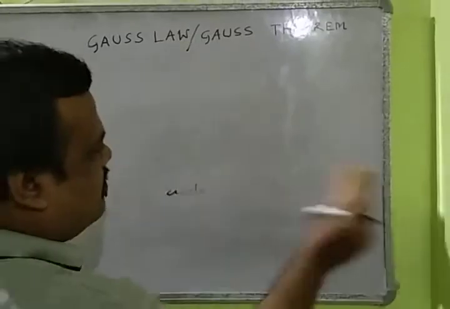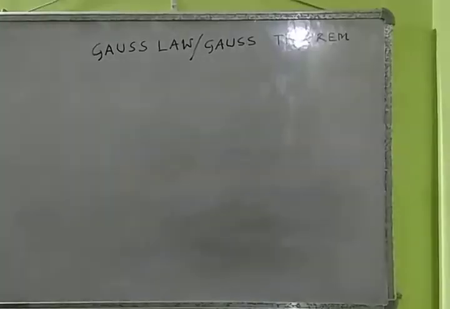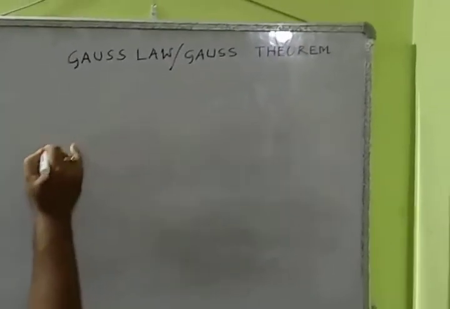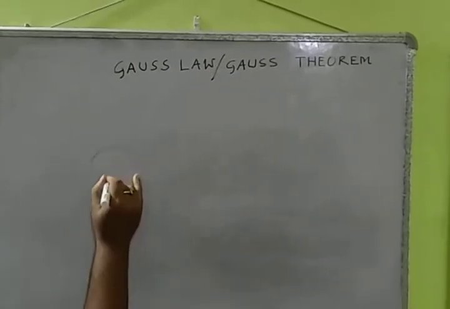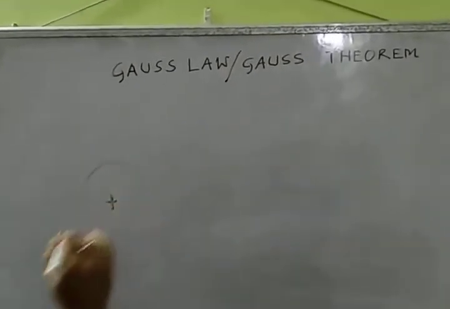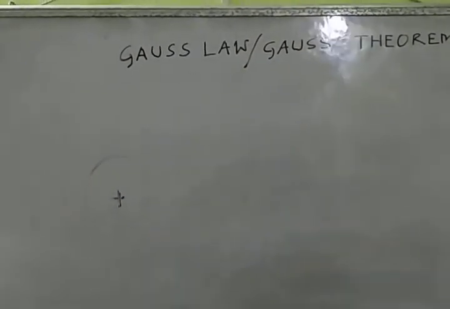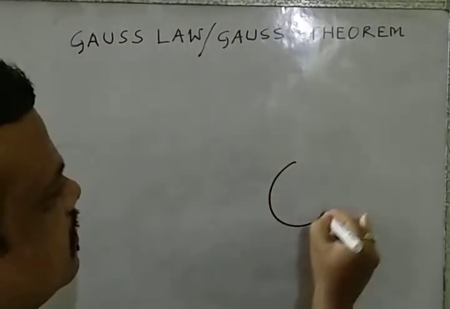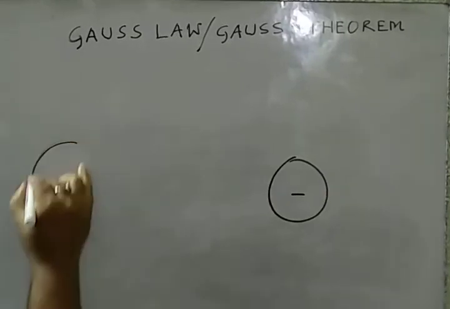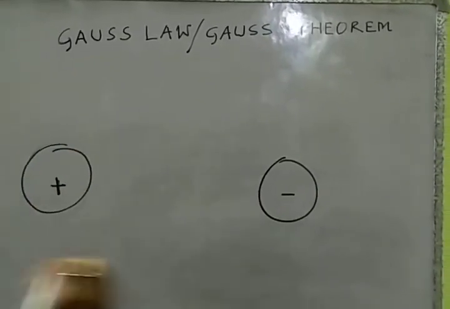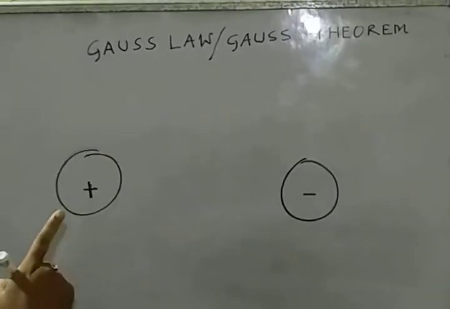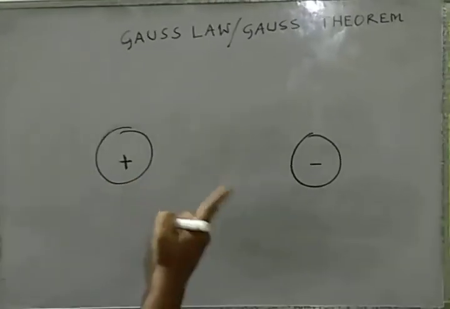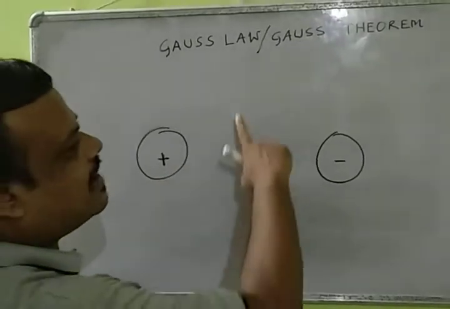Now see, I am giving an example. We have a positive charge plus q, and suppose we have a negative charge minus q. This is positive, this is negative. So we know field lines originate from positive and field lines terminate at negative.